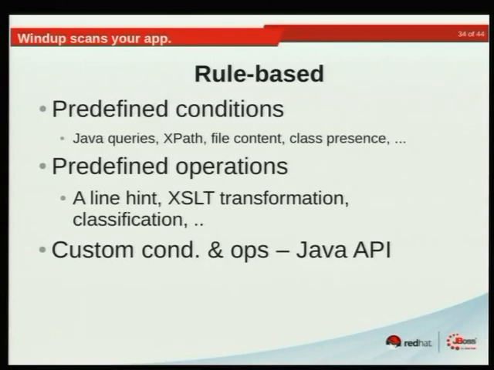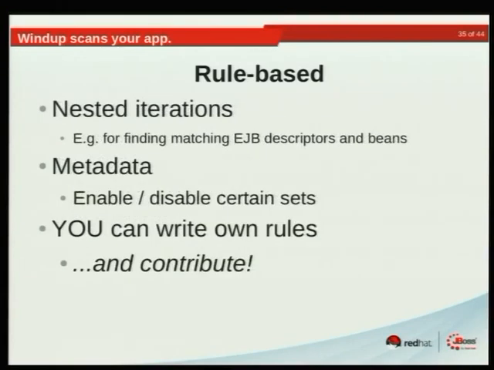Of course, as I said, you can code your own custom conditions and operations, and in which case there is a Java API ready for you, which is quite well documented nowadays, and we are eagerly expecting your contributions, if you like.